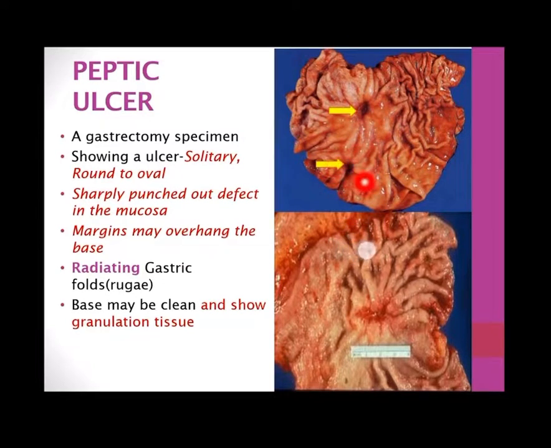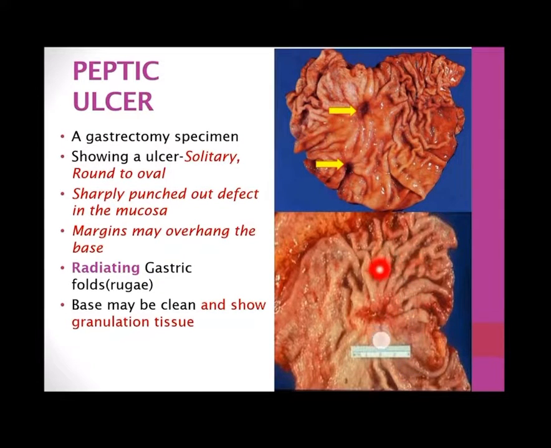Now here again there is another ulcer in the gastric mucosa. It is round in shape, and in this specimen again this is a gastrectomy specimen which is showing an oval shaped ulcer. And an important observation is that these gastric rugae are seen converging in the center towards the margin of the ulcer.